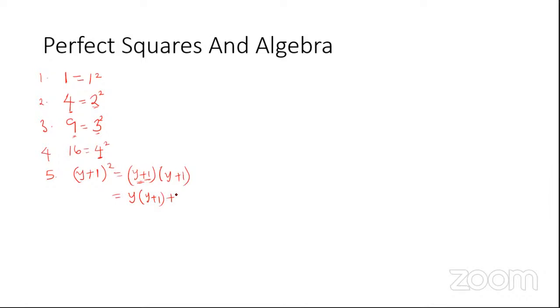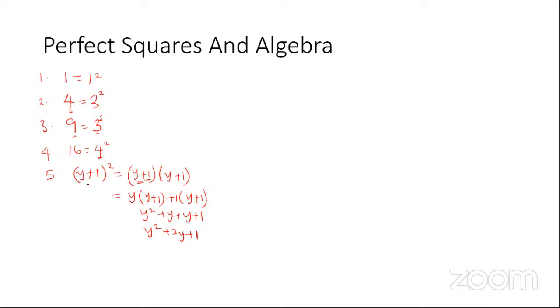I will also use the plus 1 to multiply. So if I expand this, I should have y squared plus y plus y plus 1, and that should give me y squared plus 2y plus 1.